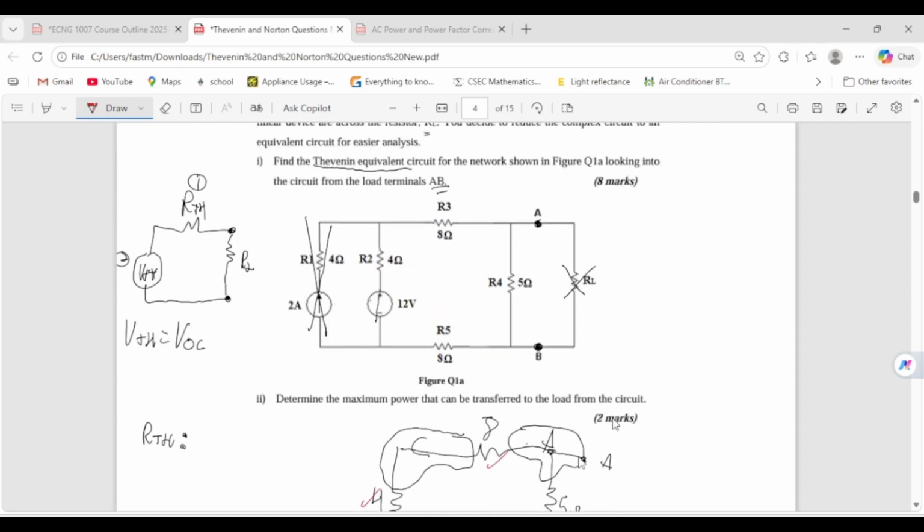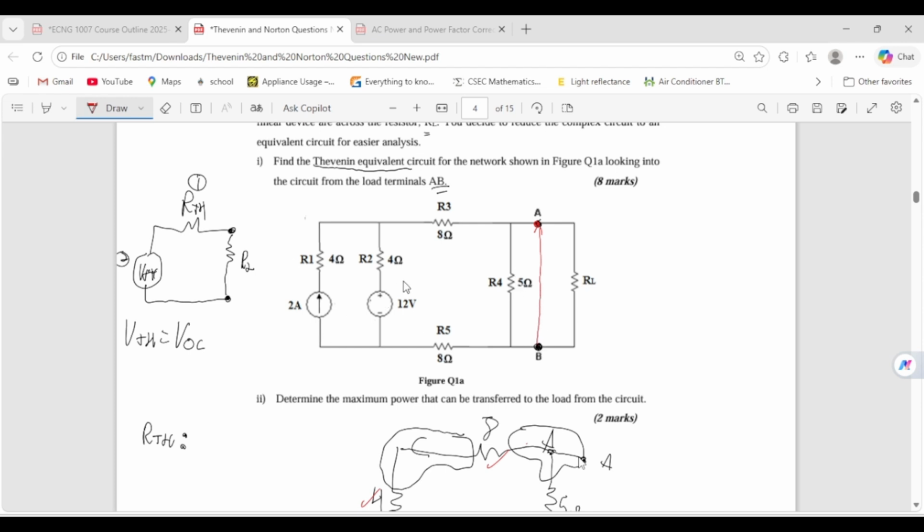Next thing we do, we're going to find VTH. So remember, to get VTH, put back all the independent sources, make sure they're there. Once those are back in the circuit, obviously RL is gone already, and it's open circuited, right? So we're basically looking for the voltage between these 2 points here.